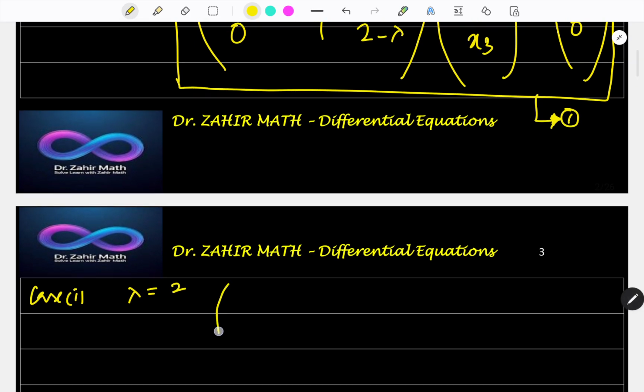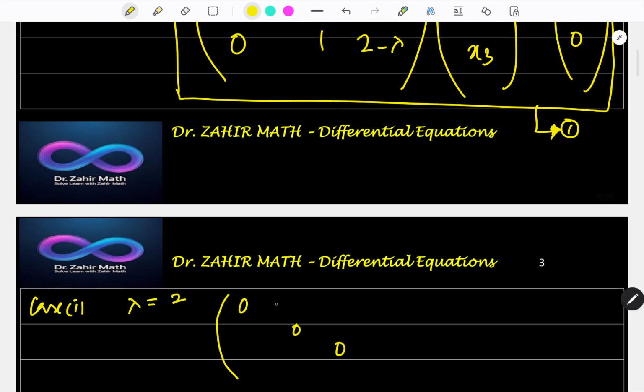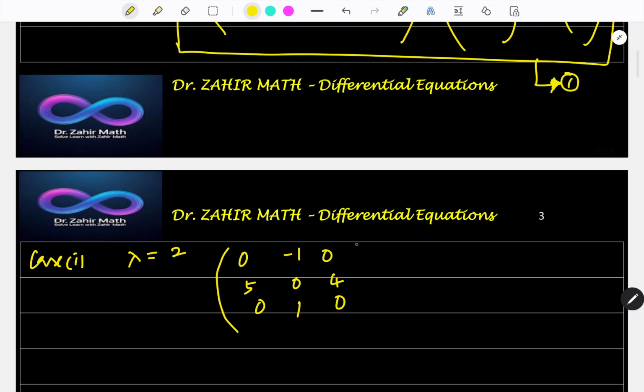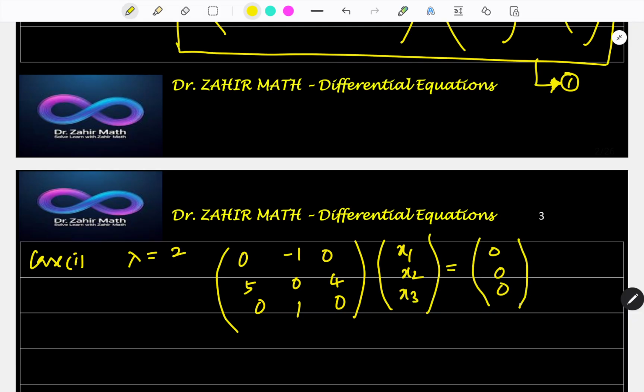The remaining elements are minus 1, 0, then 5, 4, then 0 and 1, operating on x1, x2, x3, giving 0, 0, 0. So I put lambda equal to 2 in equation number 1.